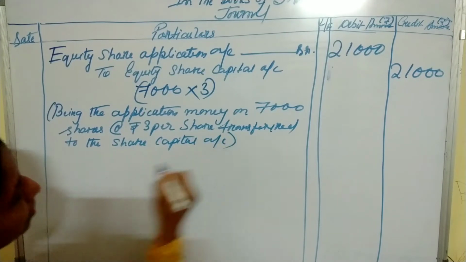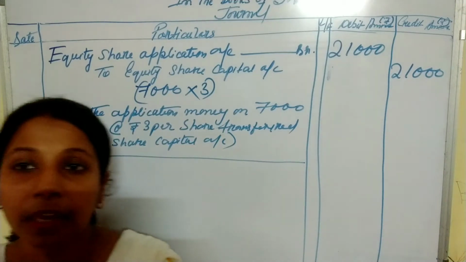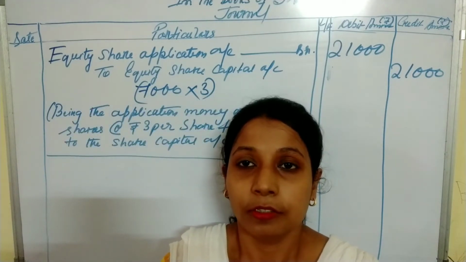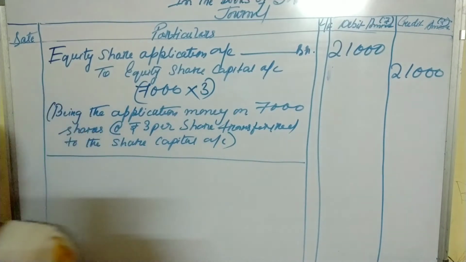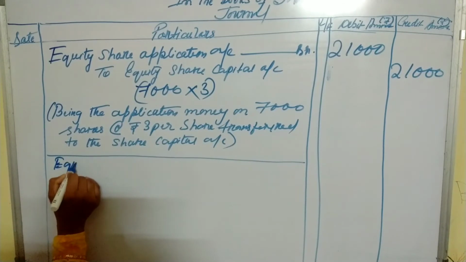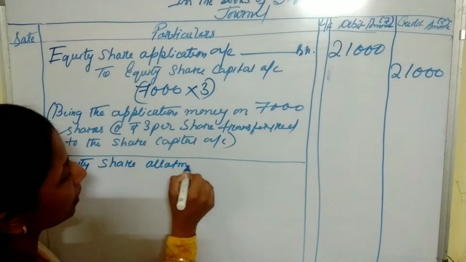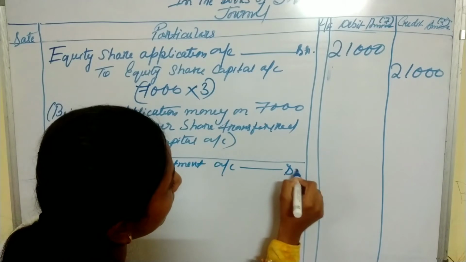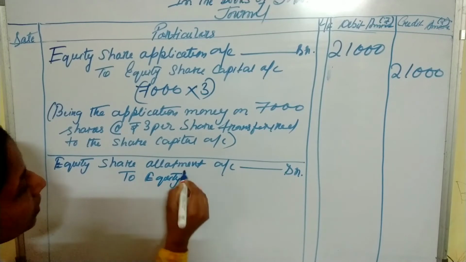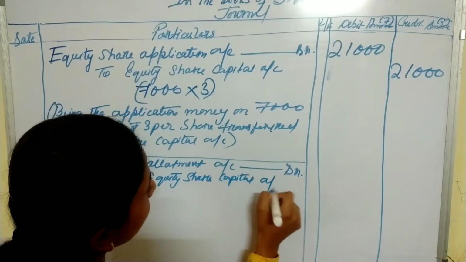Okay. Now our next entry is making allotment money due. So the due entry of allotment. This entry is equity share allotment account debit to equity share capital account.